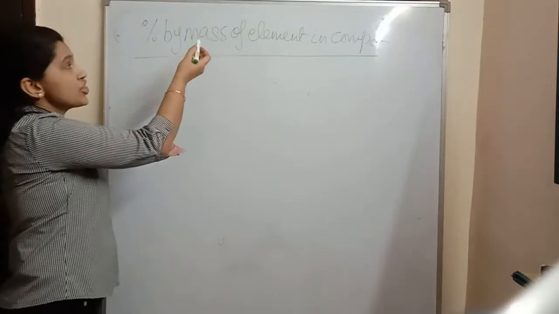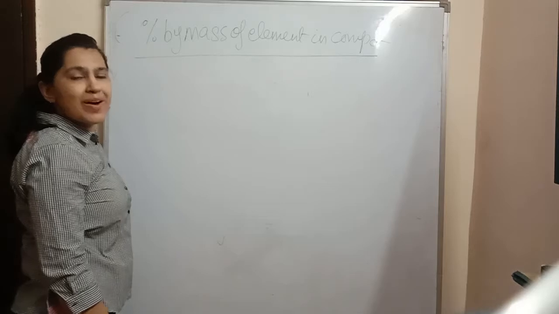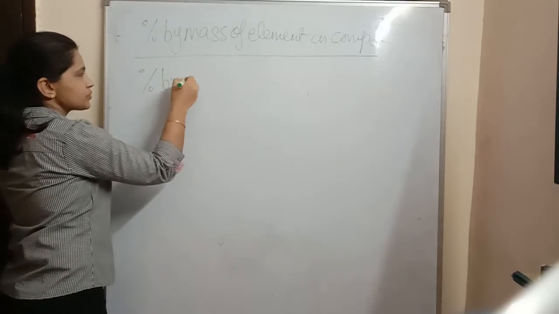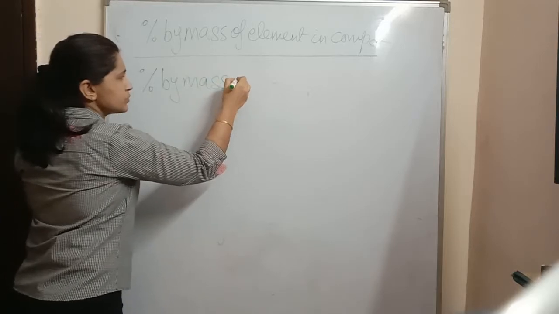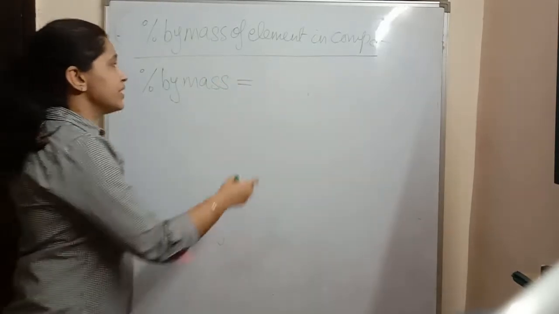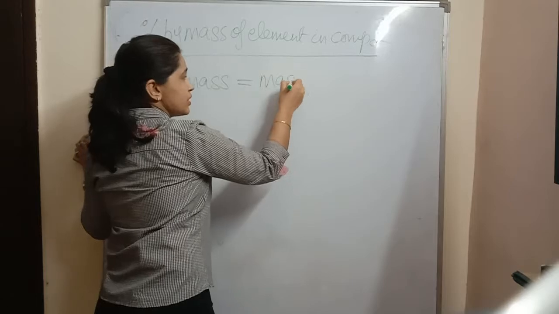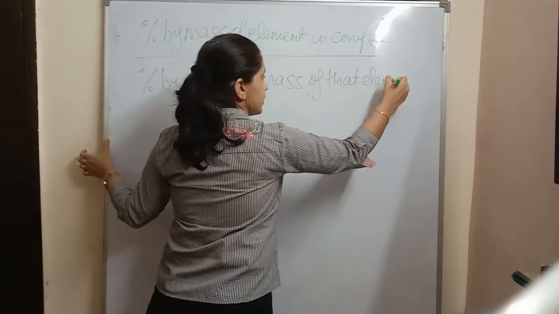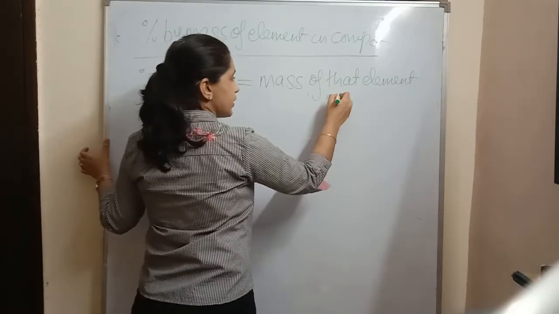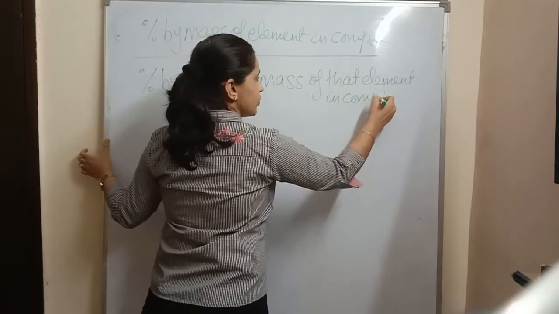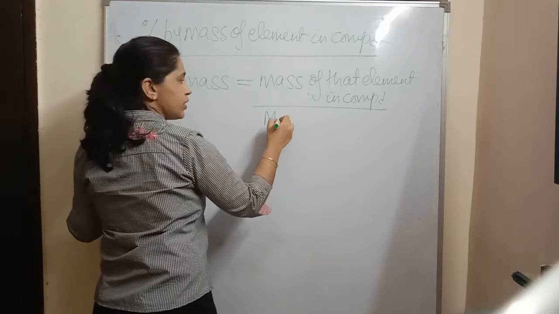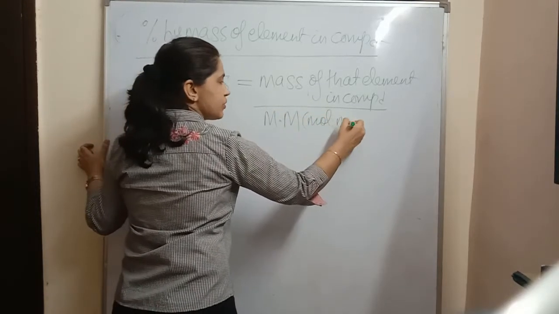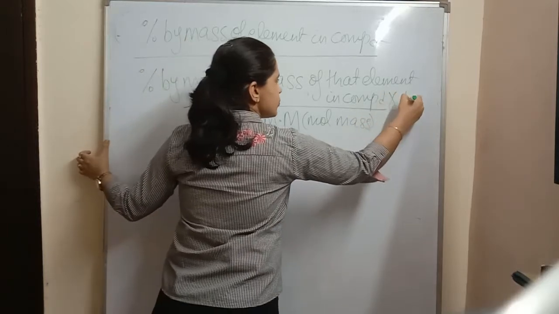Similarly, the percentage by mass of the element in the compound. How do we find it? Percentage by mass is the mass of that element in the compound divided by MM, where MM stands for molecular mass, into 100.